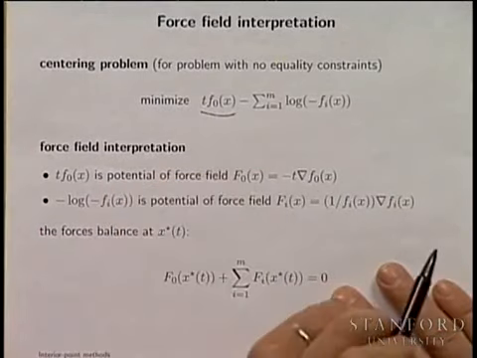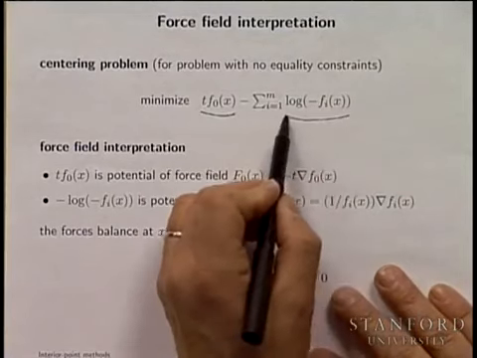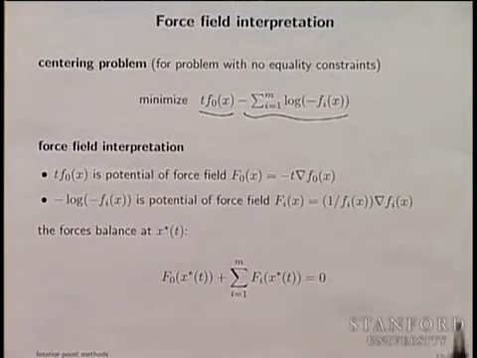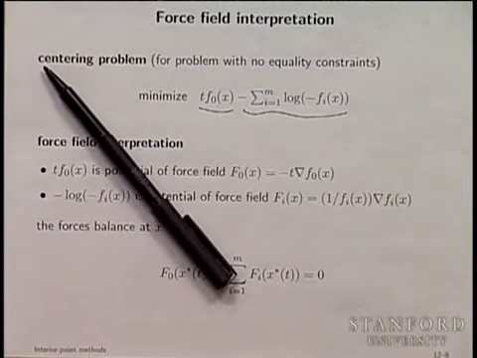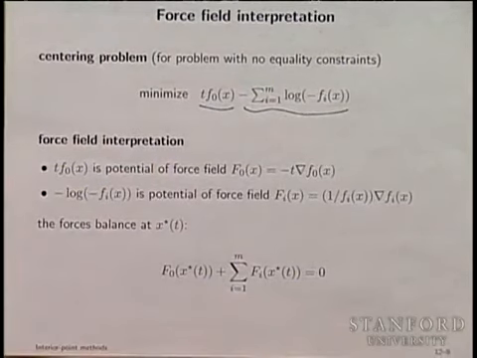So you think of this as a potential, and I'm going to think of each of these with the minus sign as a potential contributed by each constraint. So each constraint right now has a barrier function, but I'll think of that as a potential, which means it's a force field, and the gradient of the potential is obviously the force. So that's the way I think of it.